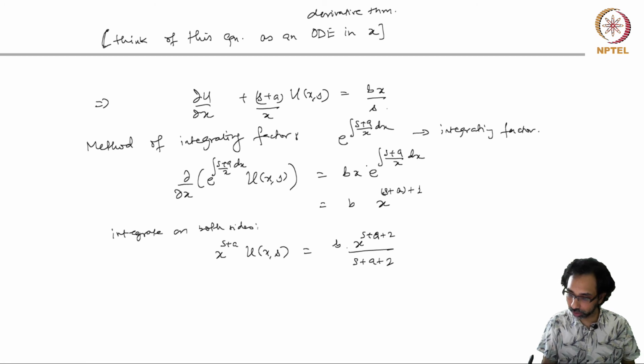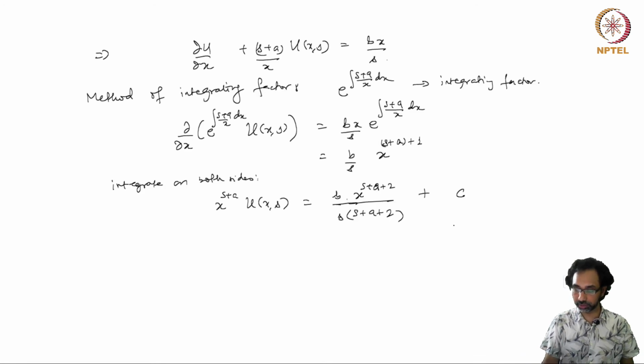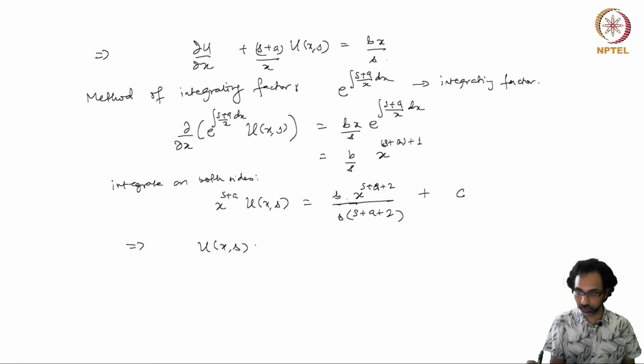I missed an a, bx over s here, plus some constant of integration c, which implies that U(x,s) equals bx² over s times (s+a+2), plus c times x to the power minus (s+a).